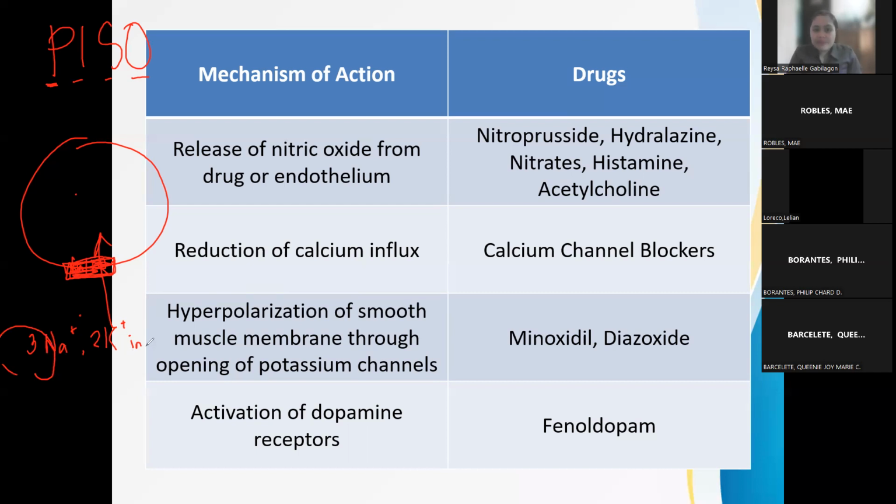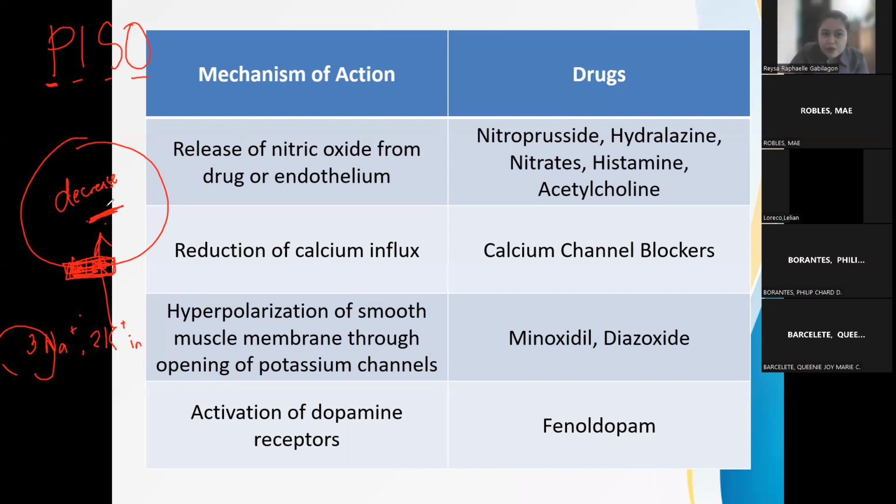So, hindi pantay yung number. And that will actually decrease the, anong tawag dyan? Yung charge ng loob ng cell, meaning magiging more negative ito. Though positive ions yung involved, kaya lang hindi kasi pantay. 3 sodium ang lumabas, 2 lang yung potassium na papasok.